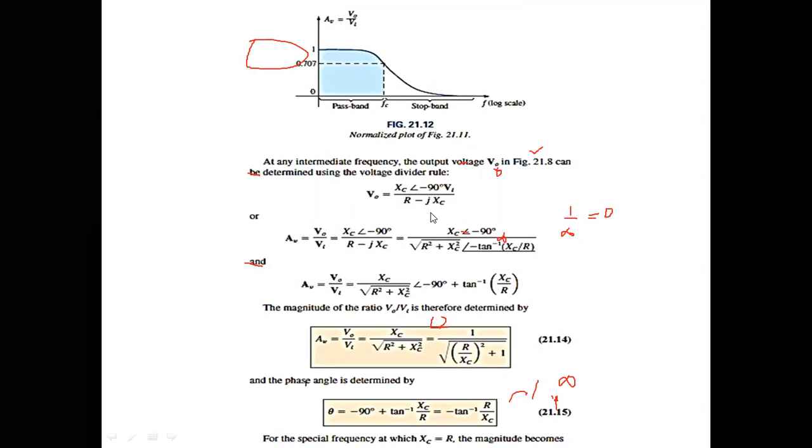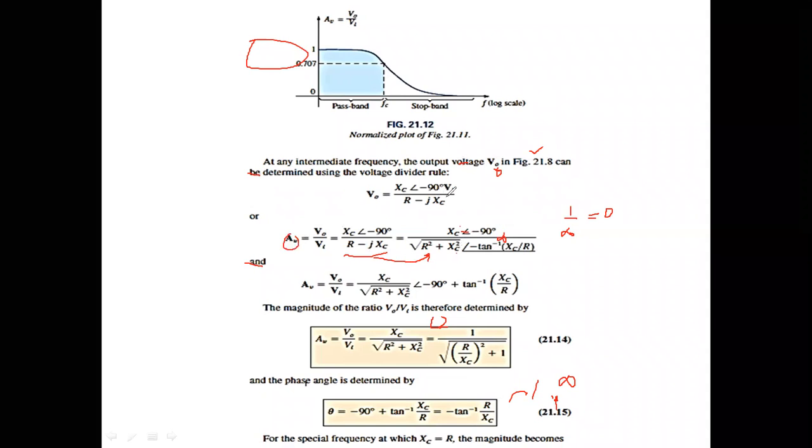In the polar format, R minus jXc means the square root of R squared plus Xc squared, at an angle of minus tangent inverse of Xc, the imaginary divided by the real. By dividing this by this, we are actually finding the Av.